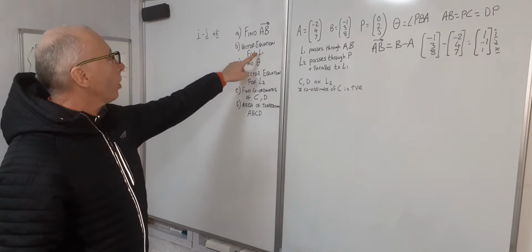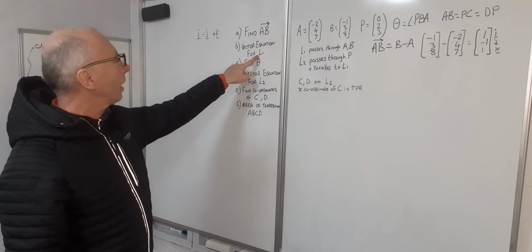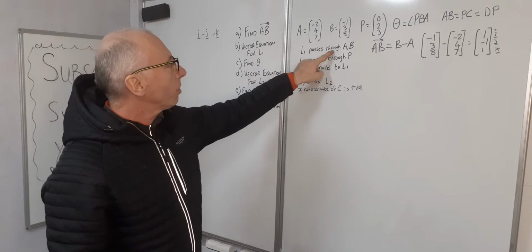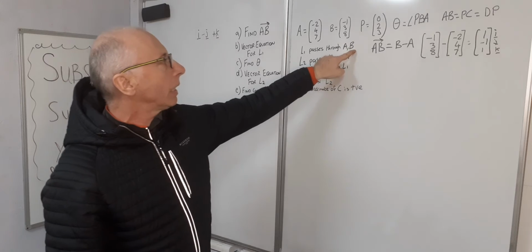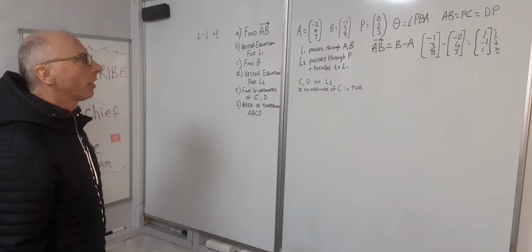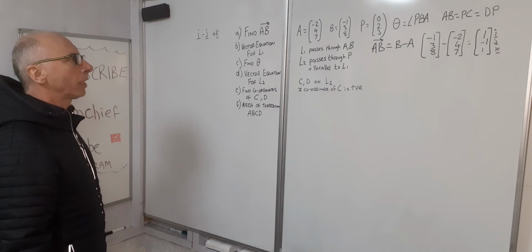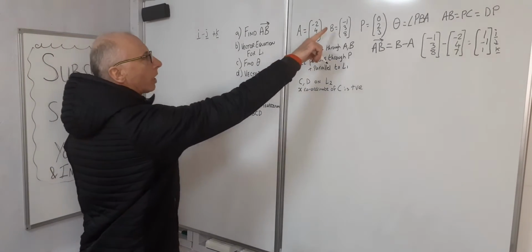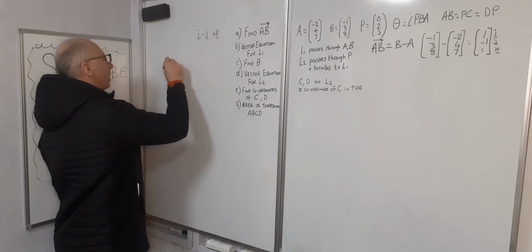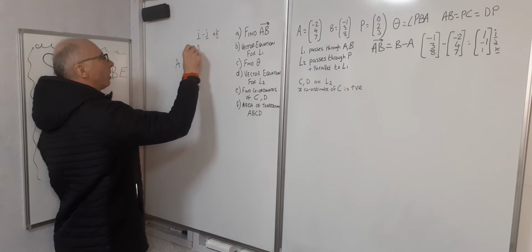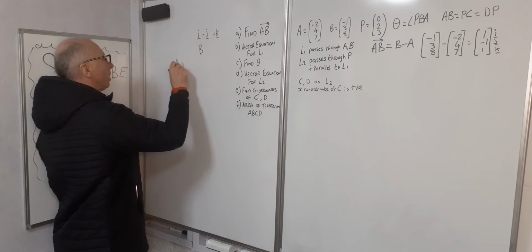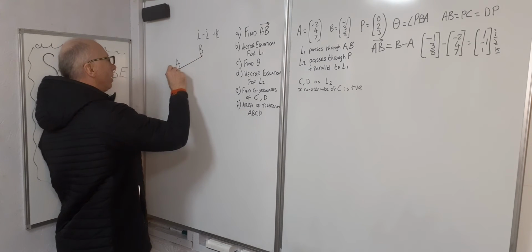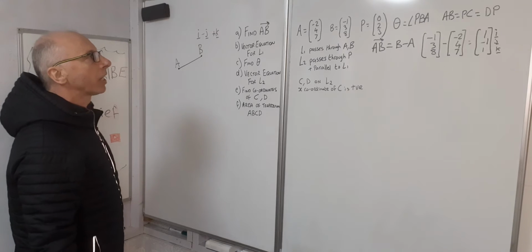Okay, vector equation for line 1. That's part B. Line 1 passes through A and B. Right, let's just draw a picture of what we got here so far. So A and B look like they should make this kind of shape. Maybe the B is here, and they go from there to there. That could be our vector AB.